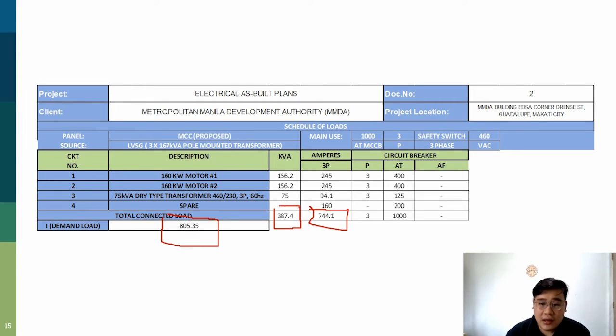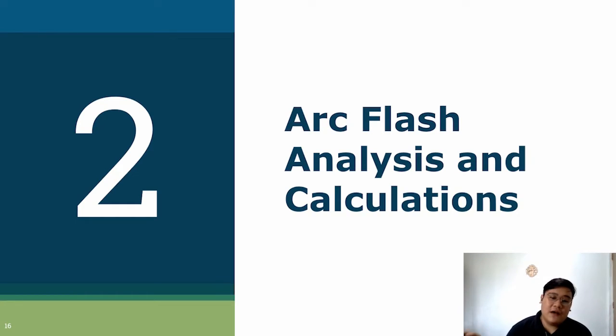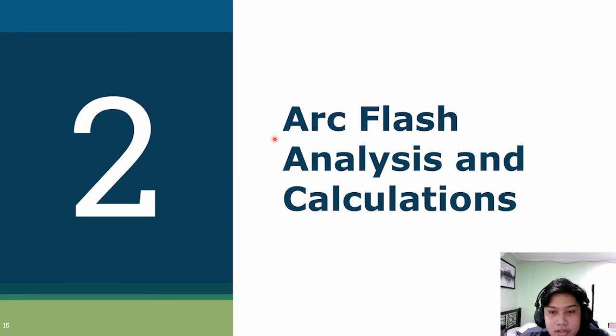So, as we can see here, gagamit tayo dito ng 1,000 ampere trip MCCB sa ating main breaker. So, ayun lamang po. Next is the arc flash analysis and calculations, and ayun lang yung sa part ko, which is the branch circuit and overcurrent protection. So, for the arc flash analysis and calculations, it will be discussed by my partner. Now let's go to arc flash analysis and calculations.